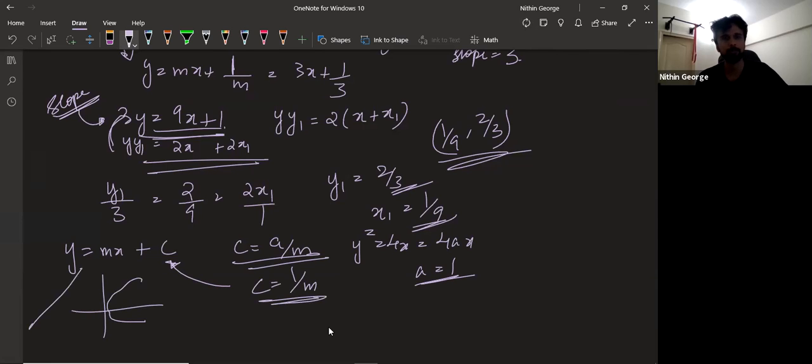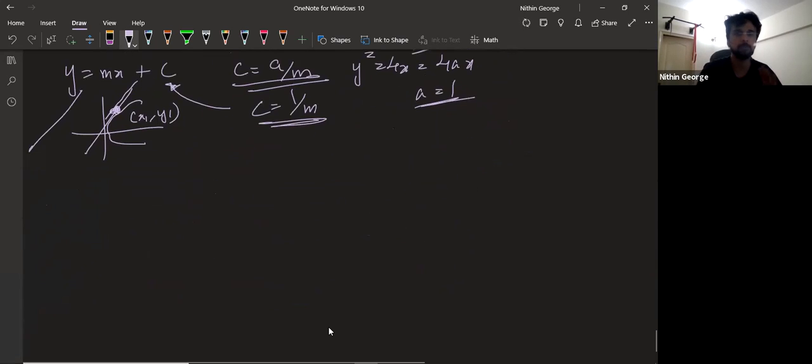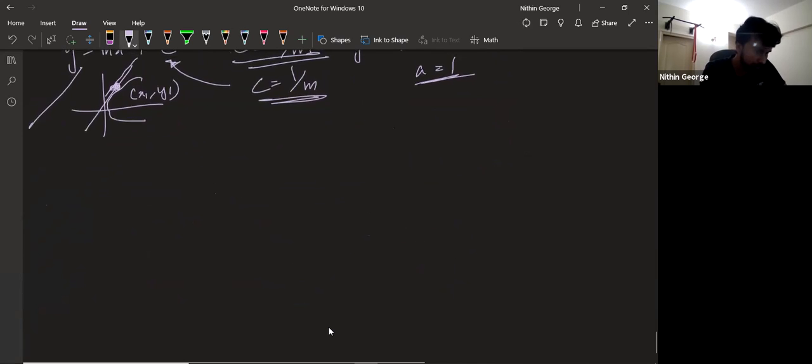If a slope is given, I can find the equation of the tangent. The other form is where the point is given on the parabola on which you want the tangent. So basically, we want the point x1 comma y1. We use that line and say both are the same lines, so we simply divide the coefficients and say the ratio will be the same.